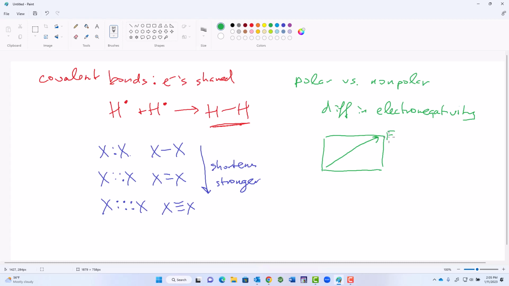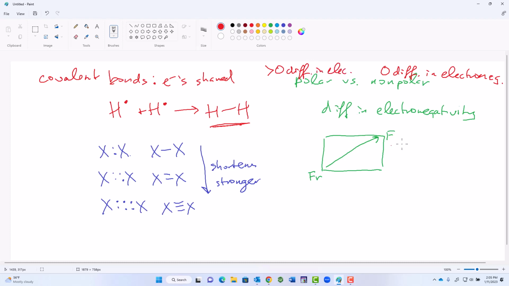So fluorine will be the most electronegative atom, and francium over here will be the least electronegative atom. So we say that nonpolar bonds have zero difference in electronegativity, where polar covalent bonds have greater than zero difference in electronegativity.